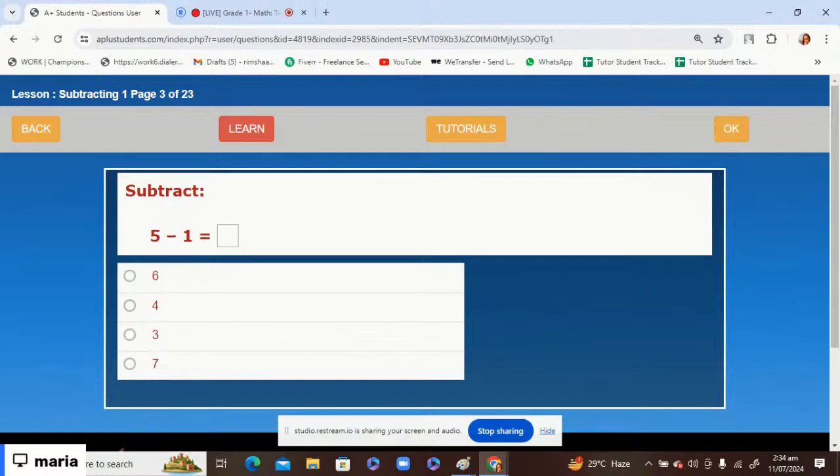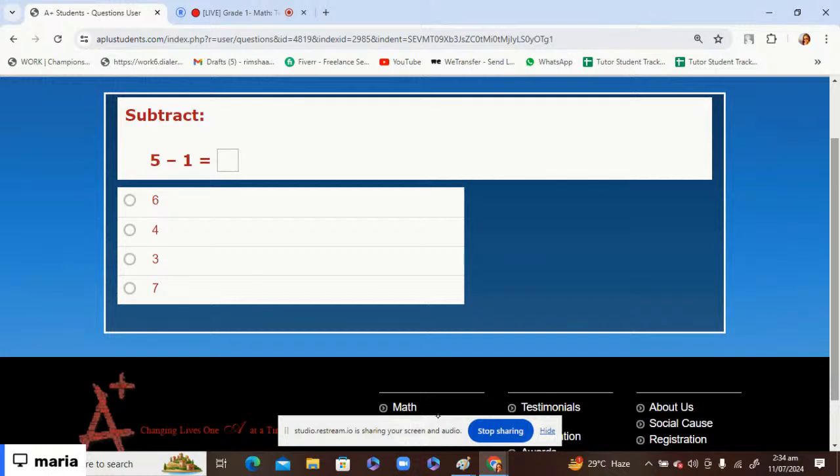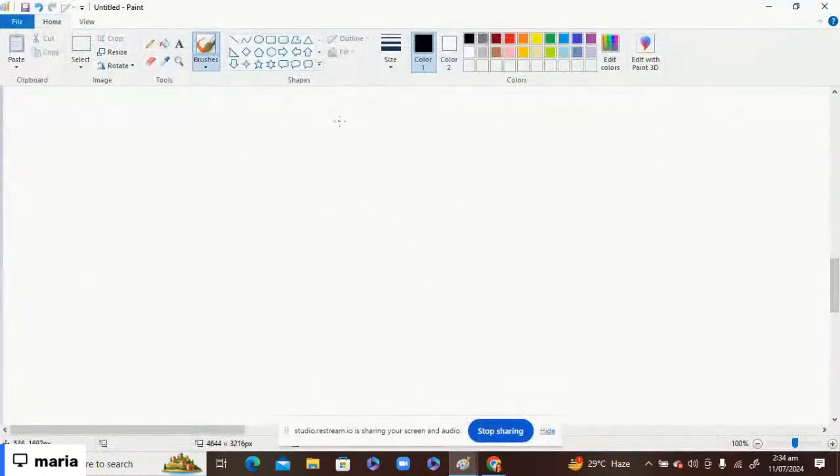I'm just checking my mic. Okay, now 5 minus 1. What is the answer? It's 5 minus 1. So how many lines do we draw? Firstly, we're going to draw 5 lines.